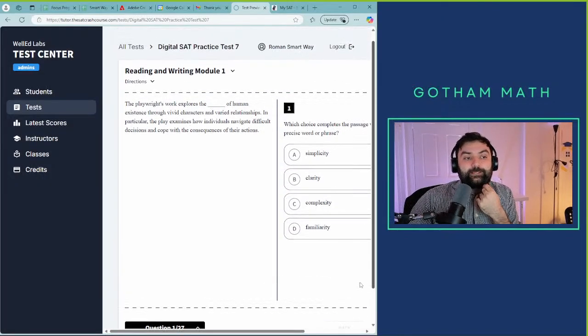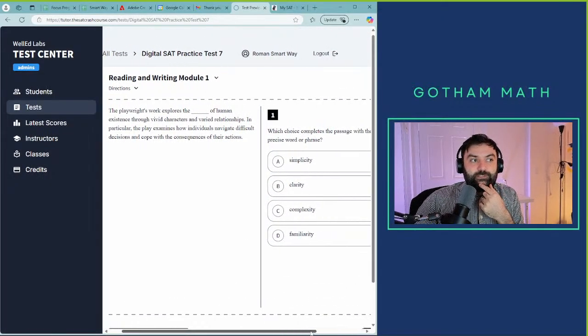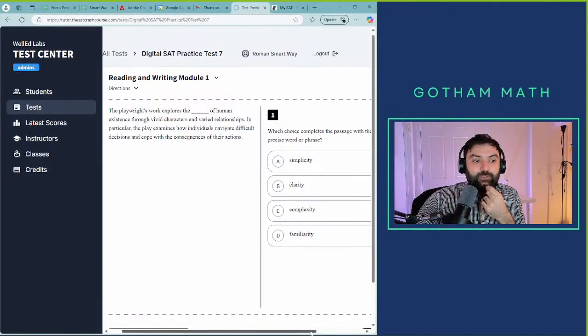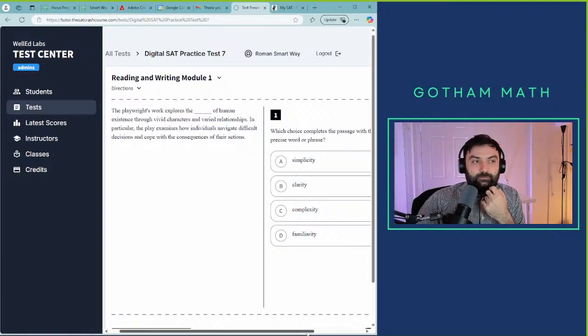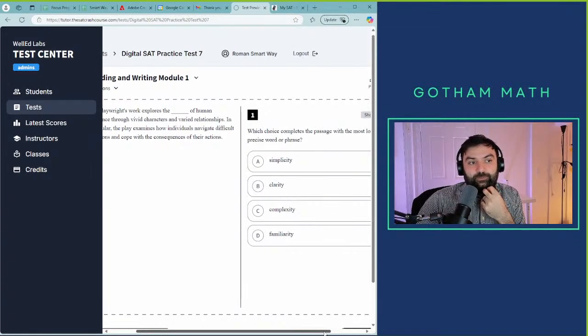Now, the question is that I don't have the computers, so you're going to have to bring your own computer, whether it's a laptop or maybe an iPad.